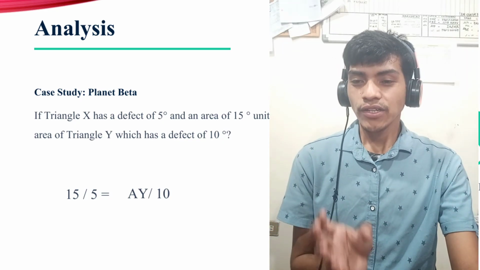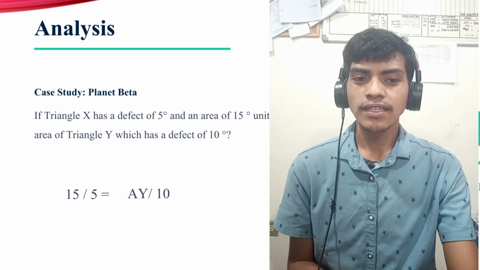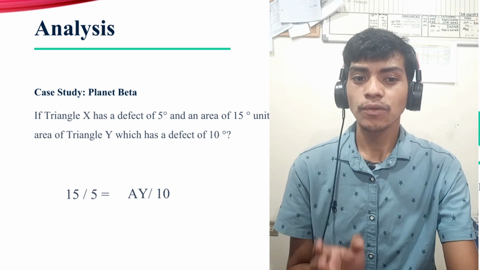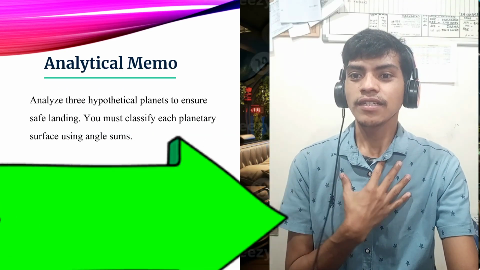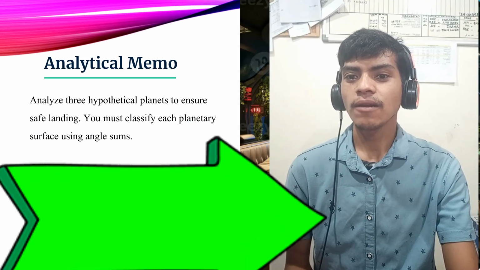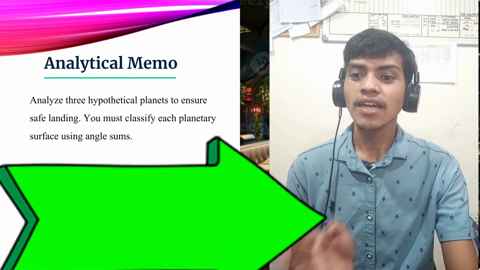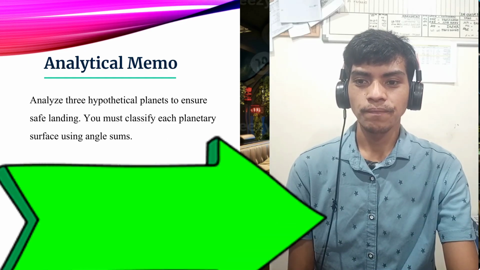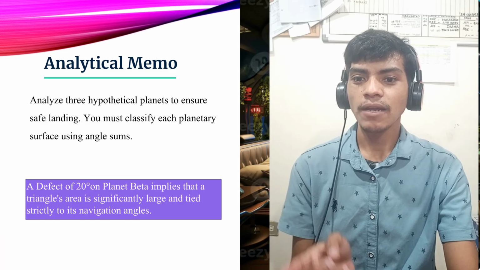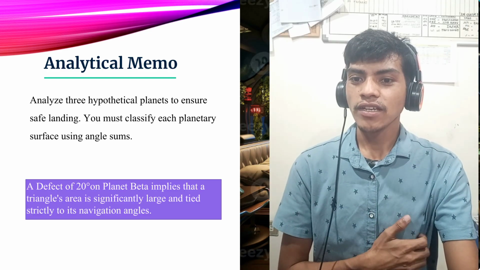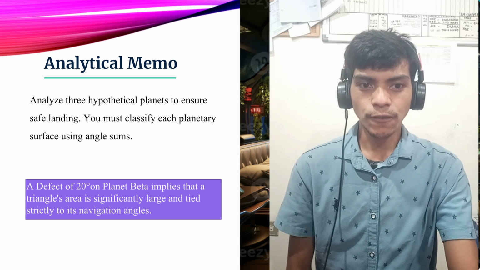What if you are a surveyor of the Department of Planetary Science analyzing 3 hypothetical planets to ensure safe landing? You must classify the planetary surface using angle sums. A defect of 20 degrees on planet Beta implies that a triangle's area is significantly large and tied strictly to its angles.